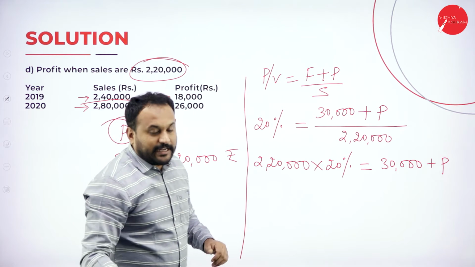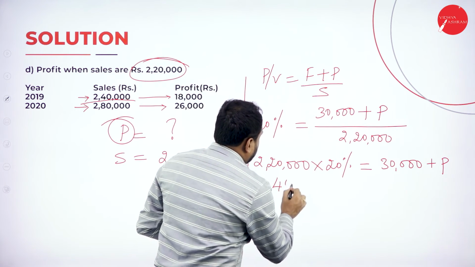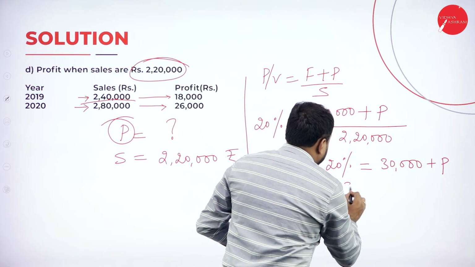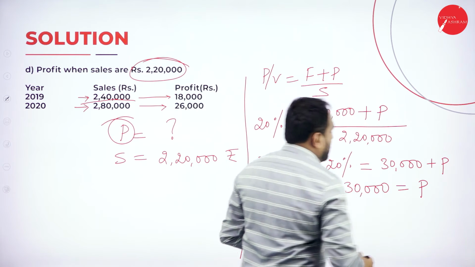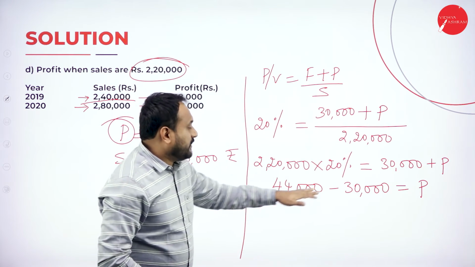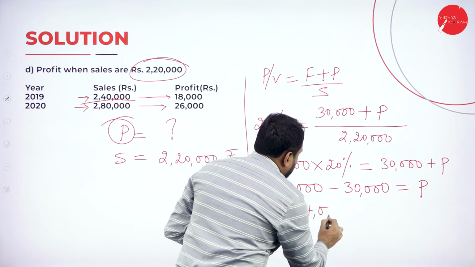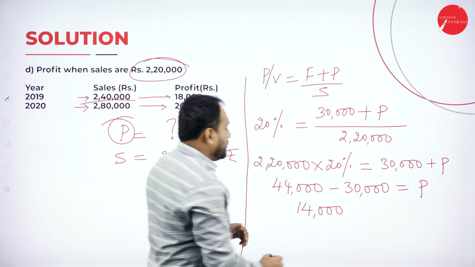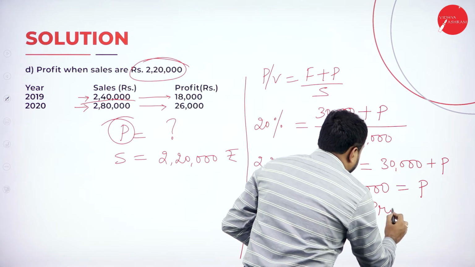Now 2,20,000 into 20%, 2 2s are 4, that is 44,000. And this 30,000 will come here, minus 30,000 is equal to P. 44 minus 30, that is 14,000. How much will you get? 14,000 is the profit.